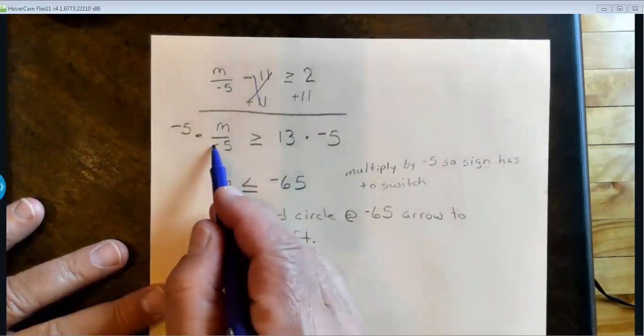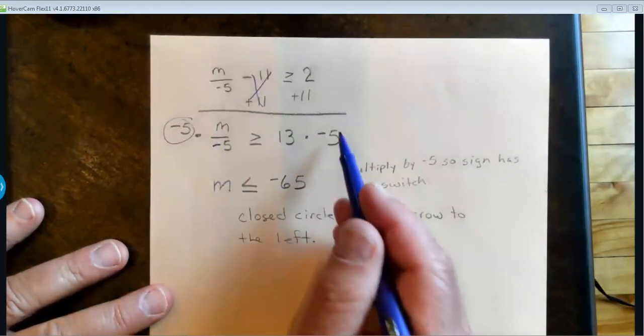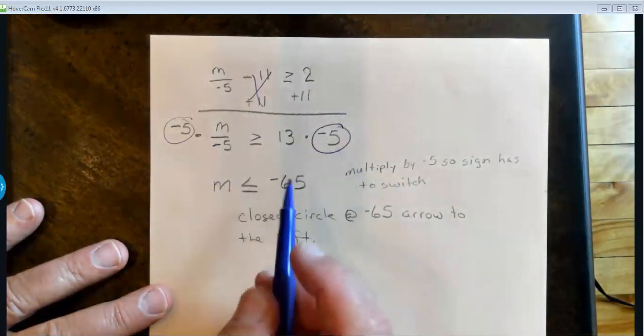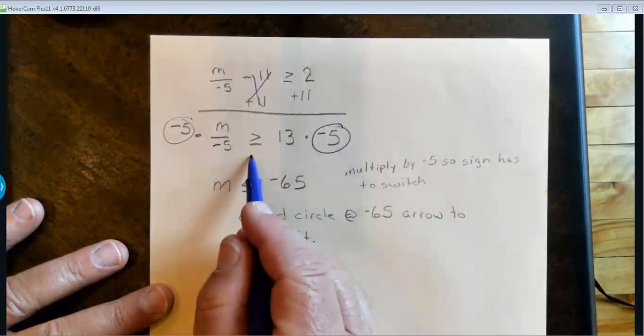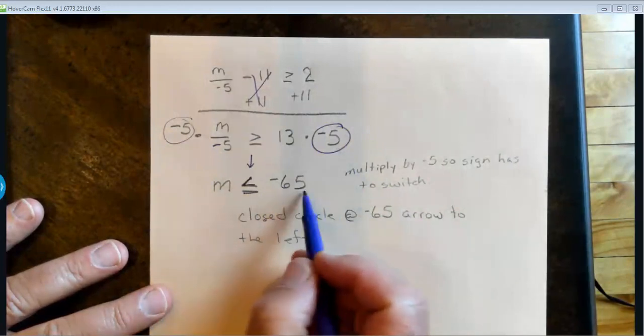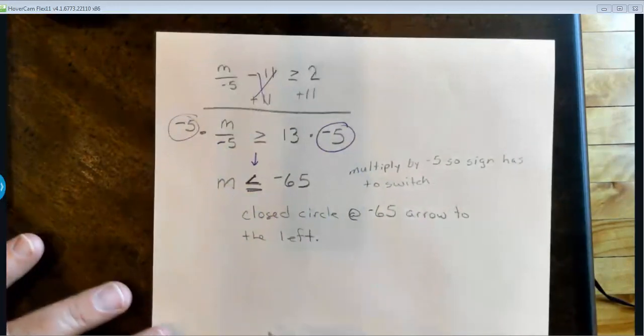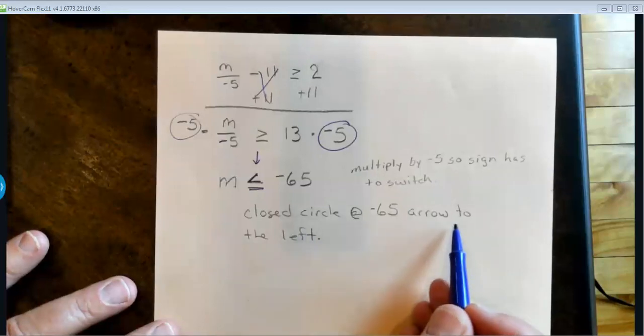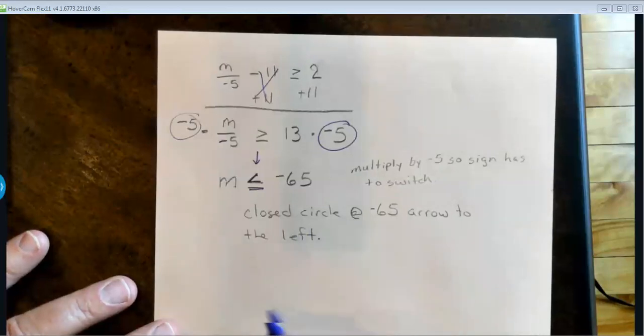Now I need to multiply each side by negative 5. And again, I'm multiplying by a negative, so my sign has to switch direction. And M is less than or equal to negative 65. Closed circle at negative 65 and an arrow to the left.